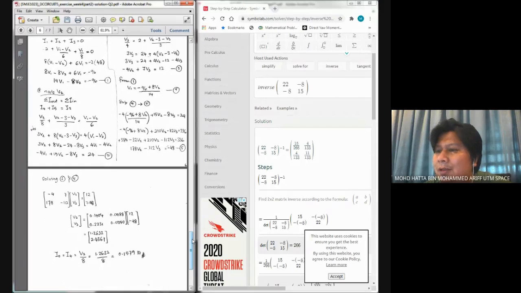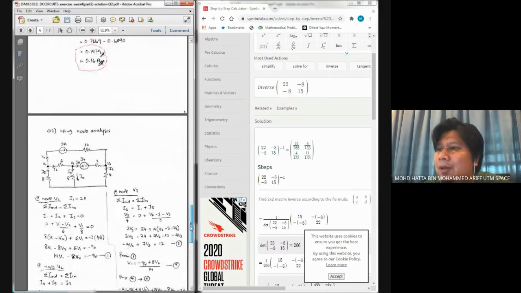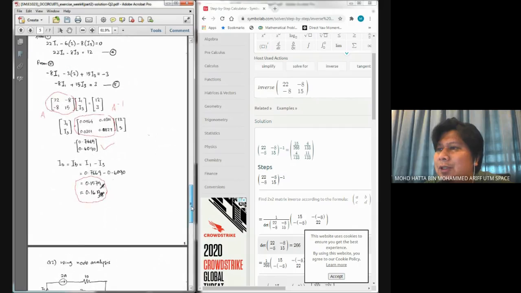The most important thing for me to deliver today is, first, the introduction of websites or tools for you to calculate simultaneous equations, and also the way you solve superposition as well as mesh.